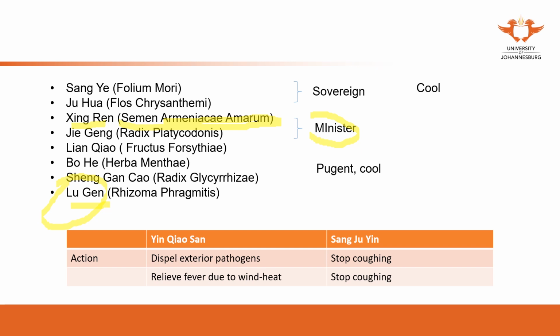So when a patient presents with fever, and cough with yellow phlegm, especially in the first or second day, you can think about 银翘散. If a patient presents with coughing only, no fever, or after a few days still no fever, and the dominant symptom is coughing, you can think about 桑菊饮 or modified 桑菊饮.